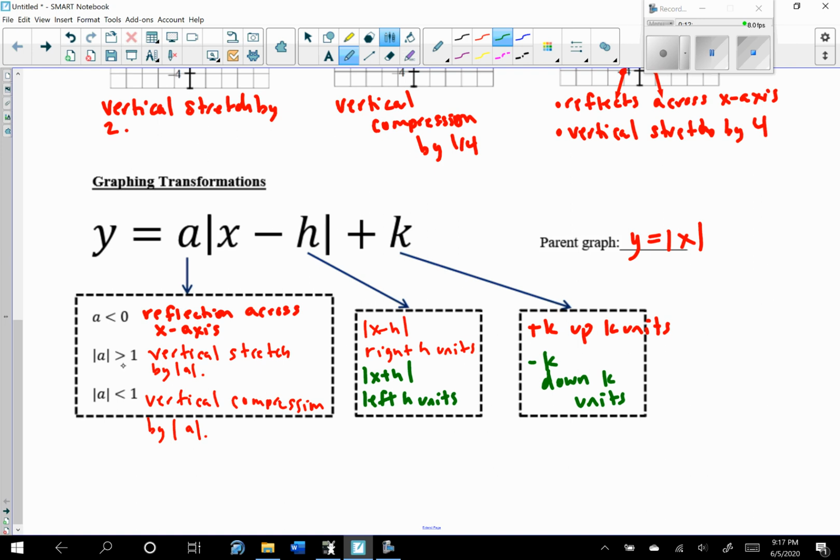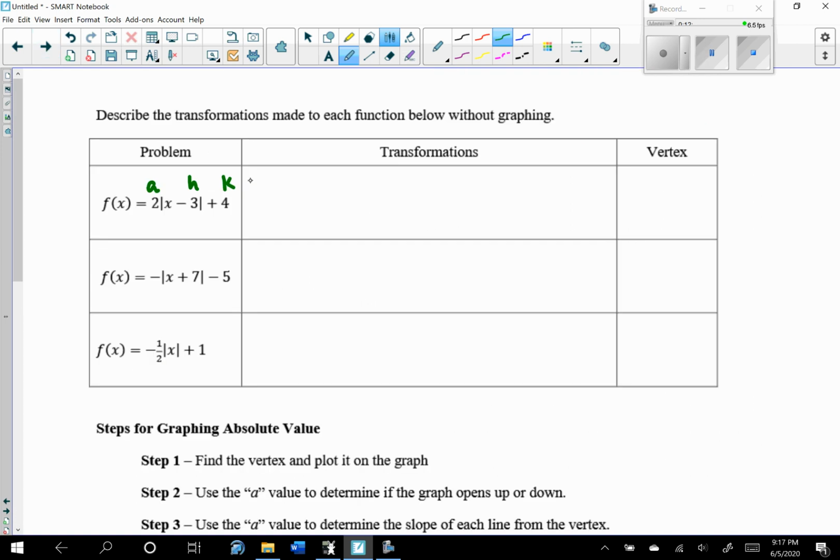The absolute value of A is bigger than 1, so that means it's a vertical stretch by 2. And then the H is 3, so that moves it right 3. And the K is 4, so that moves it up 4. And the vertex is at 3, comma 4.